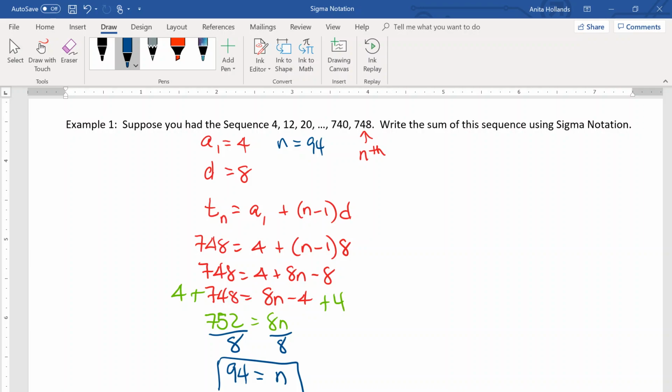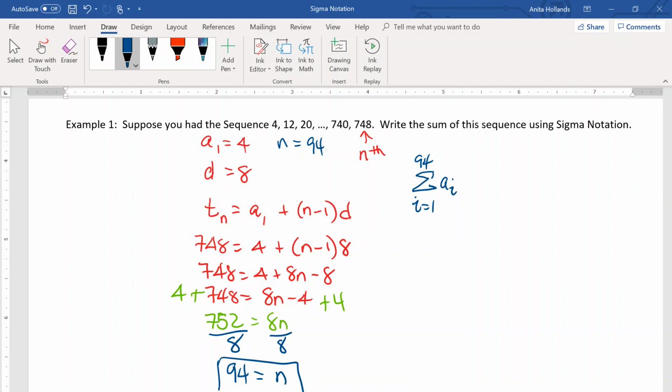So now, using sigma notation, in general we would have had A sub i going from 1 to 94, but we want to know what these are. What is A sub i? We can use this formula again to write the general form for each of these terms.